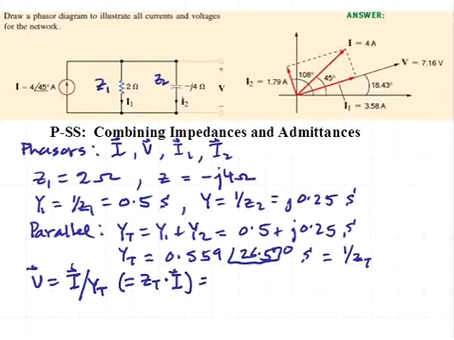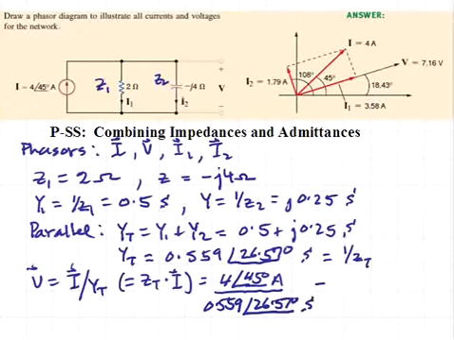And this is equal to 4 at an angle of 45 degrees for the current divided by 0.559 at an angle of 26.57 degrees for the admittance. And this is equal to 7.155 at an angle of 18.43 volts.